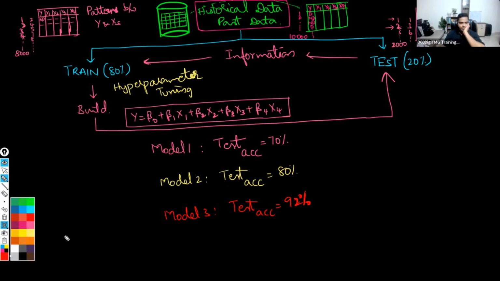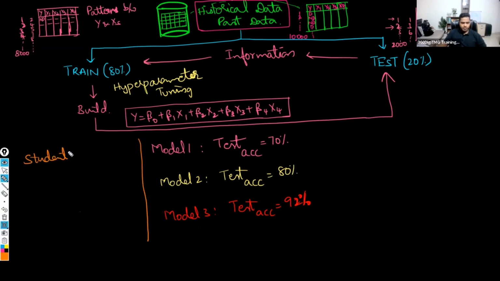However, I also want you all to remember that. Let me draw a small parallel of this explanation with students. Suppose you have 3 students, student 1, student 2, and student 3.